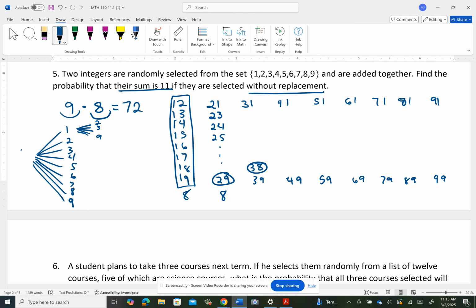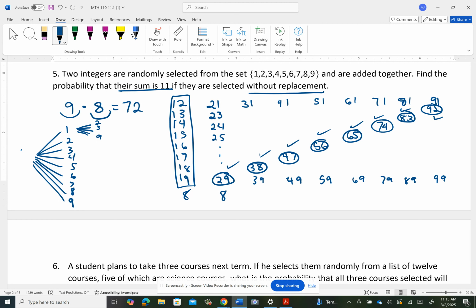In the fourth column, I'd have one possibility, that would be 47. In the column under the 5, the fifth column, I would have 56, then 65, and then 74, and then 83, and then 92. So see how there'd be 1, 2, 3, 4, 5, 6, 7, 8.